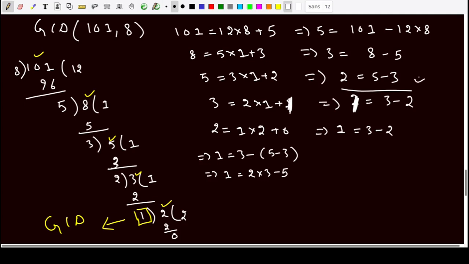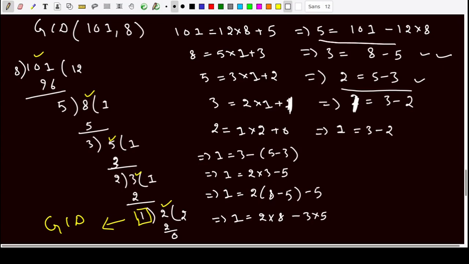Now we know the value of 3: 3 is 8 minus 5. So 1 equals 2 times (8 minus 5) minus 5, which is 1 equals 2 times 8 minus 3 times 5.